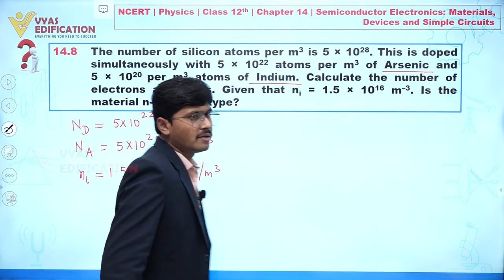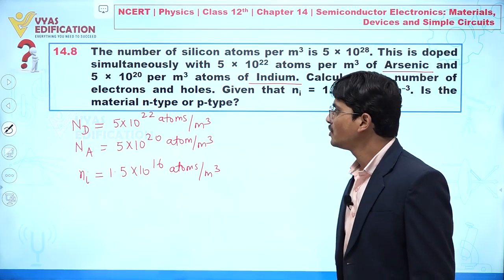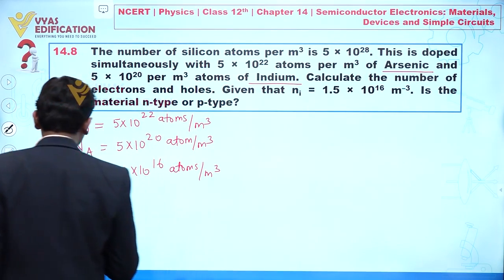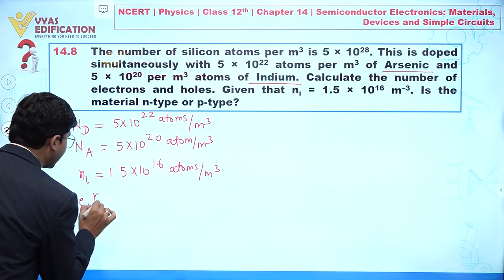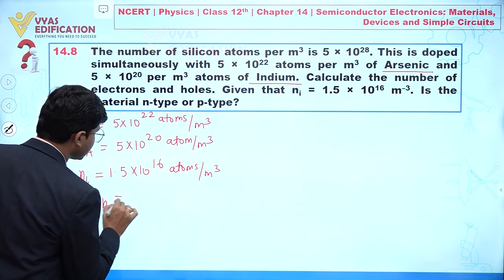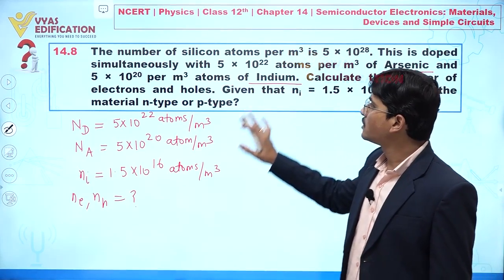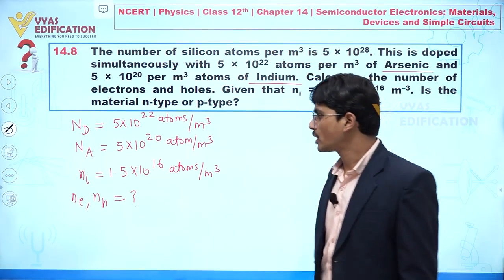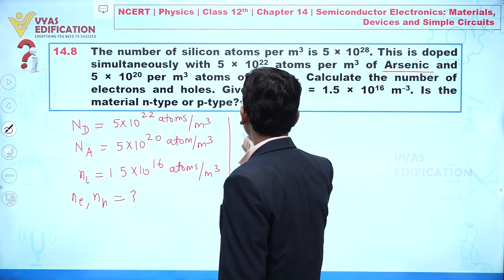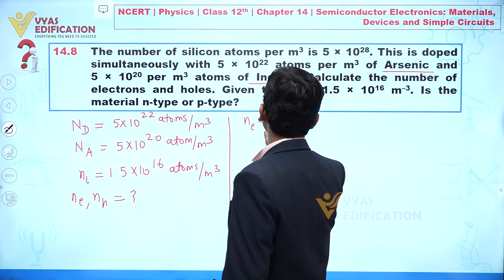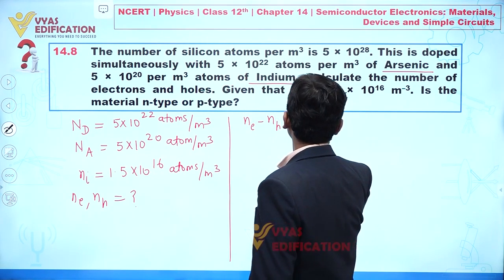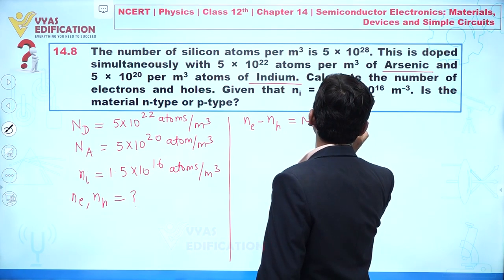Let's suppose the total number of electrons and holes is represented by Ne and Nh. This is our objective. If the crystal lattice is to be electrically neutral, then Ne minus Nh should be equal to Nd minus Na.